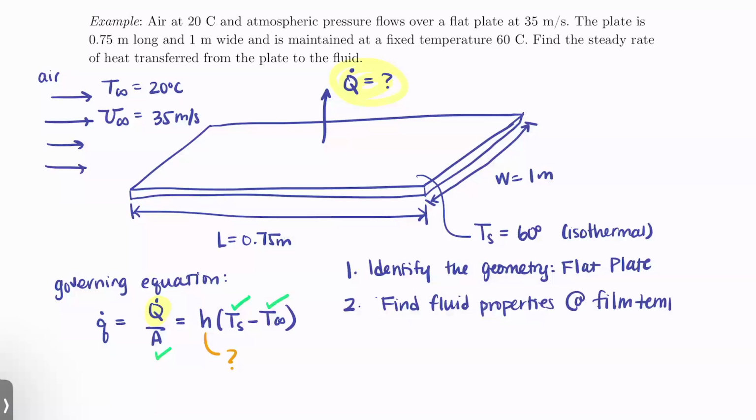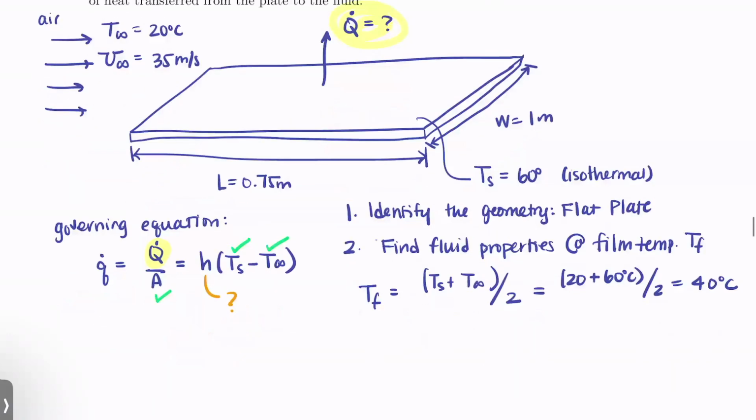So Tf is equal to (Ts plus T infinity) divided by 2, which in this case is 20 plus 60 degrees C divided by 2, which is 40. All right, so we are going to look up properties of air at 40 degrees.